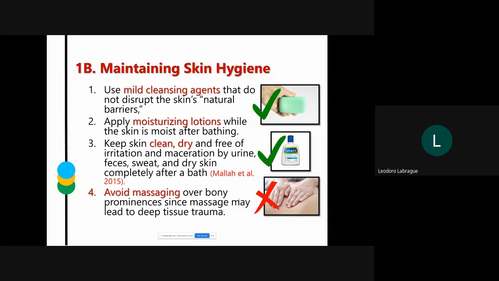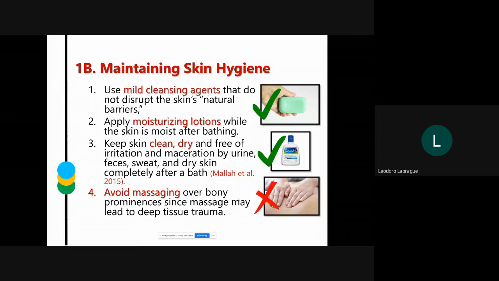First is use mild cleansing agent. See? We need to use sabon. Take note, use mild cleansing agent only. Why? Because if you're going to use harsh soap, it might alter the natural skin barriers.